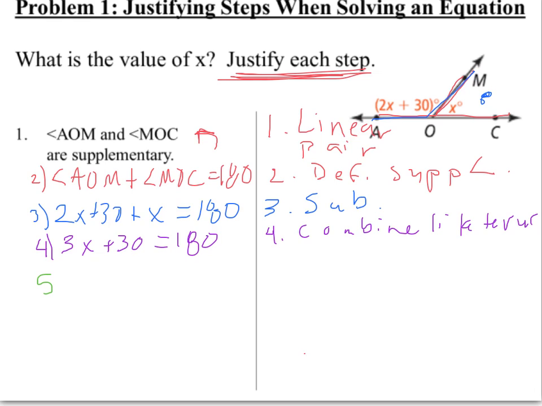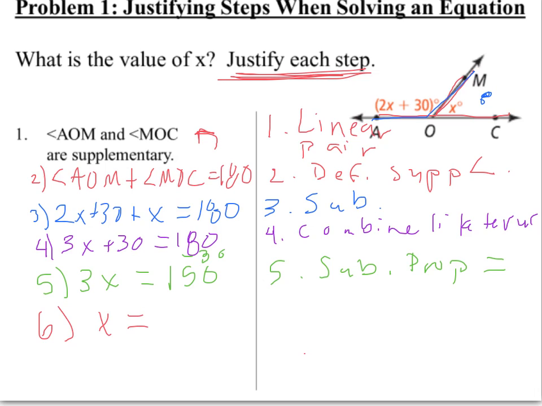Now my fifth step, I'm going to write this as 3x is equal to 150. And what I did there is I subtracted 30 from each side. So that would be the subtraction property of equality. And then my next step would be x is equal to 50.